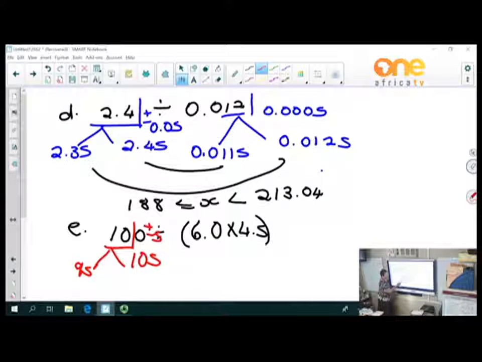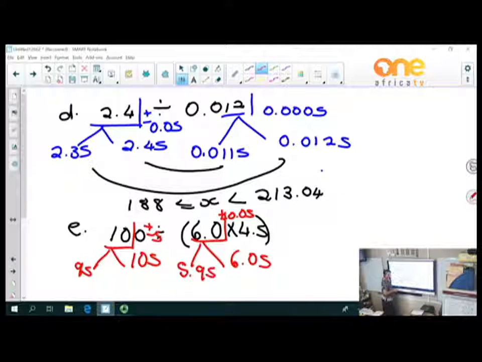Now here, this is two significant figures. What will the maximum error be here? Remember, it's half of that one: plus or minus 0.05. This one becomes 6.05 and this one 5.95.